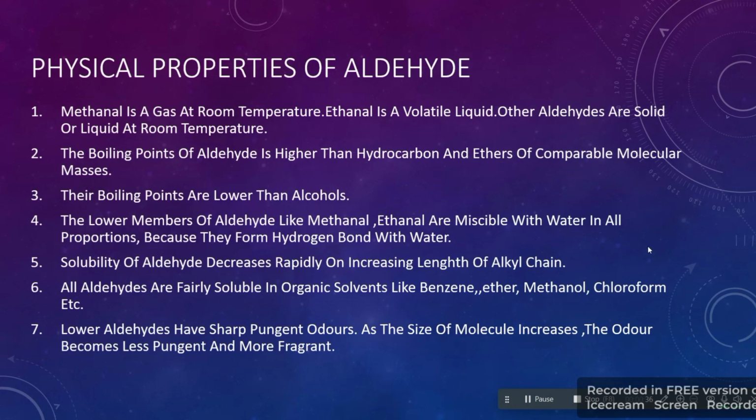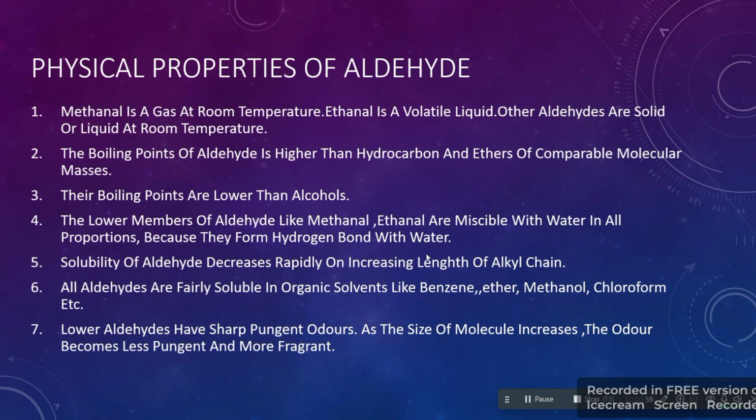Now the physical properties of aldehyde. First, methanal is a gas at room temperature, while ethanal is a volatile liquid, and other aldehydes are solid or liquid at room temperature. Second, the boiling points of aldehydes are higher than those of hydrocarbons and ethers of comparable molecular masses.